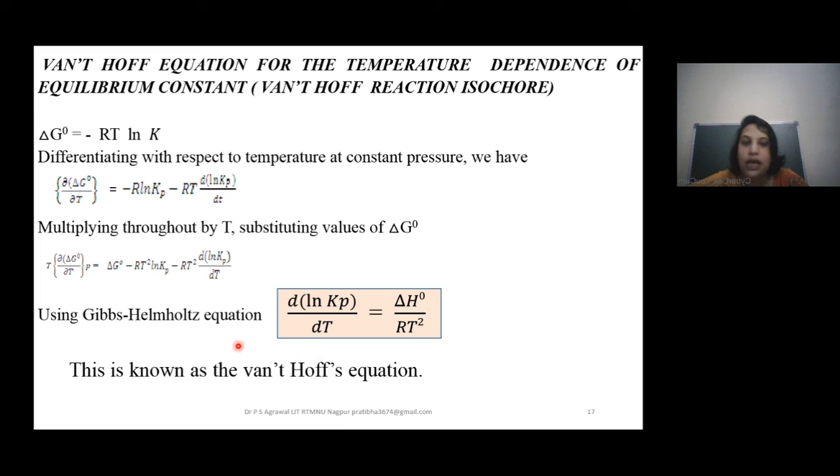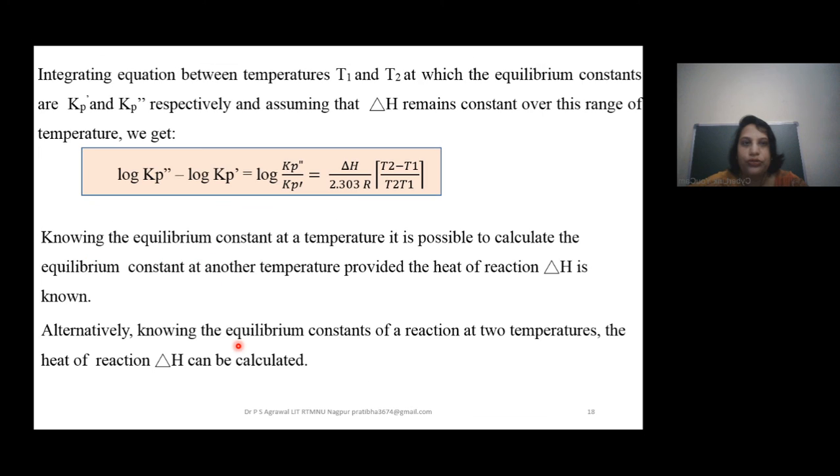Delta H0 is the enthalpy change for the reaction at constant pressure when the reactants as well as products are in their standard state. Now, it is well known from experiment that the enthalpy change does not vary appreciably with the change in partial pressure.